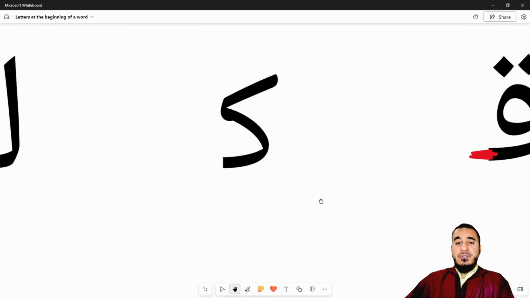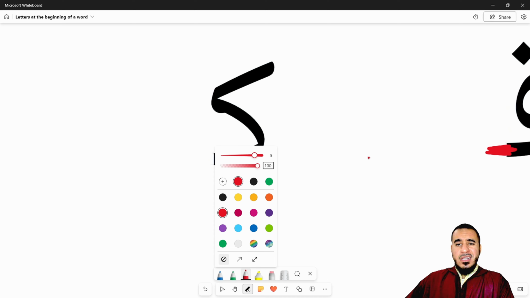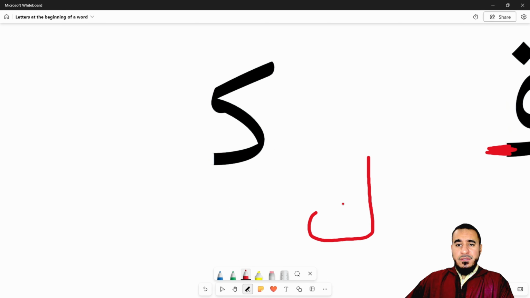And then we have the kaf. So the kaf is one of those that also looks pretty different to how it was by itself. The kaf looked like this when it was just a singular standalone letter. But when it's the first letter in a word, then it looks like this.